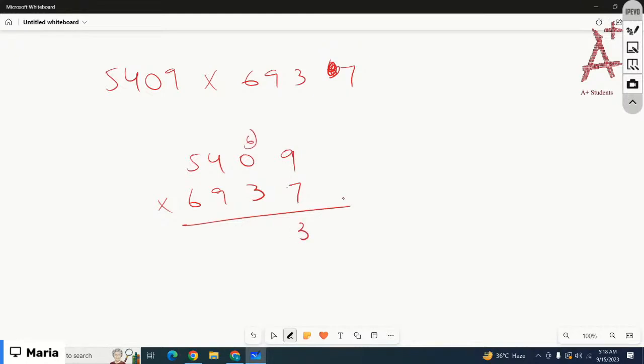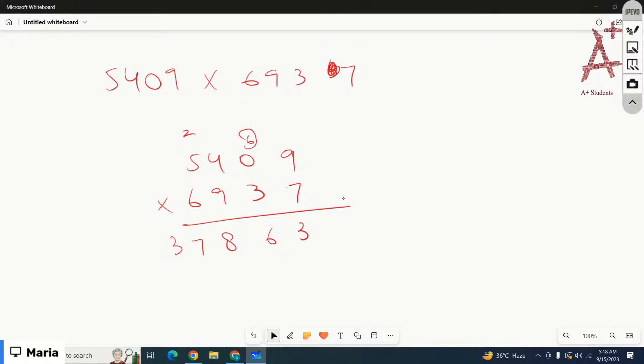Write 3 here and carry 6. 7 times 0 is 0, and 0 plus 6 is 6, right? Then you have 7 times 4, which is 28. Write 8 over here and carry 2. 7 times 5 is 35, and 2 is 37.